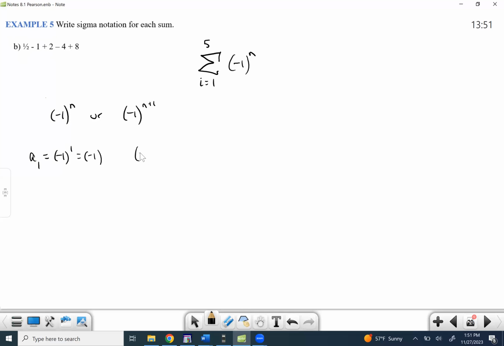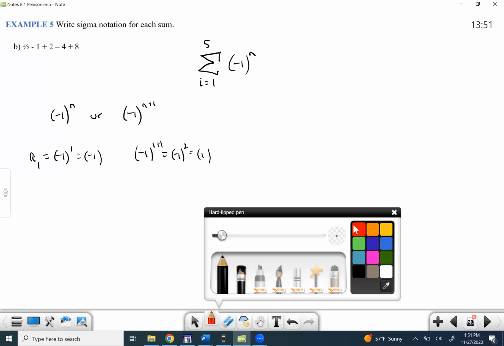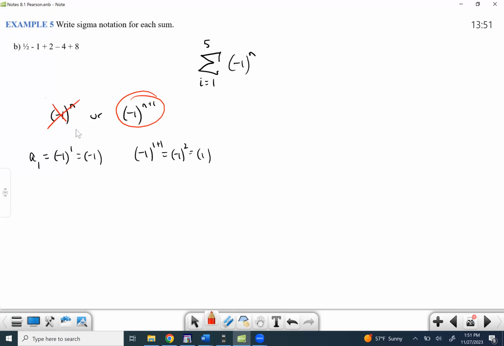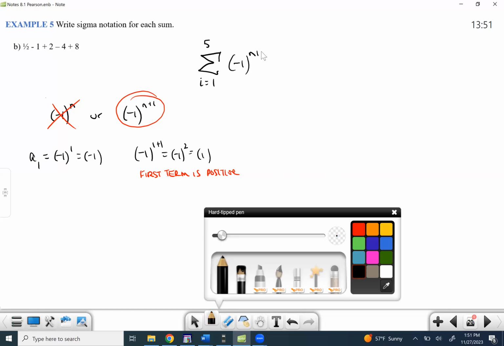If I look at this one over here, when I substitute in a 1, I get -1 to the second, which becomes a positive. So this one is going to be the winner because the first term is positive, right? Okay. All right, so we're going to have to tack a +1 onto that.